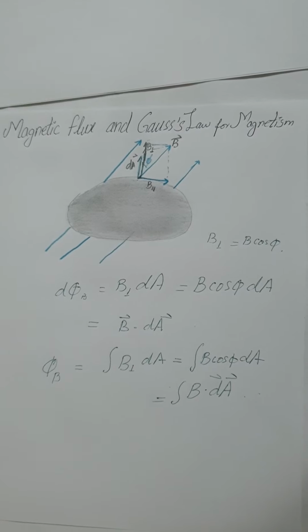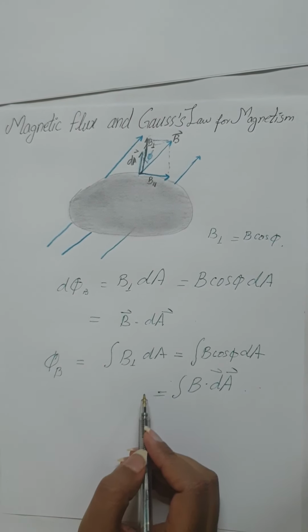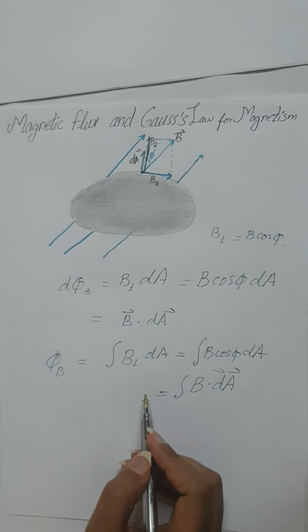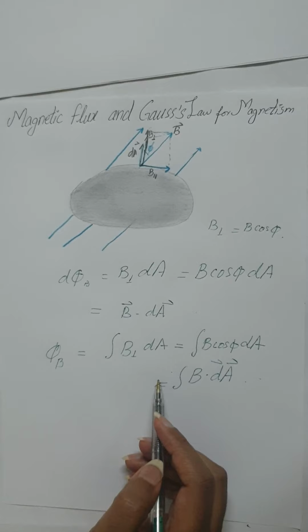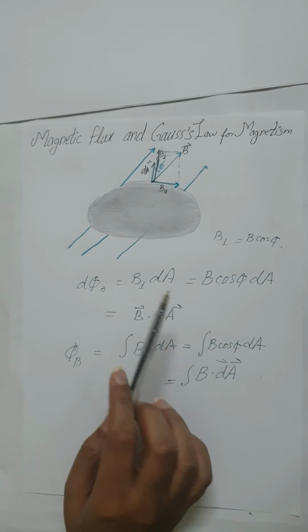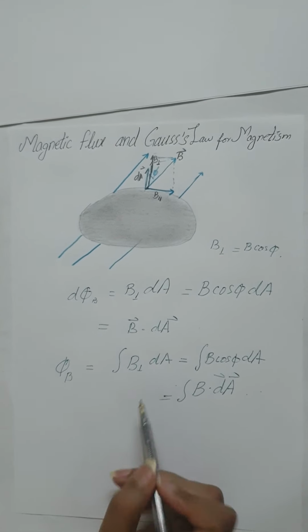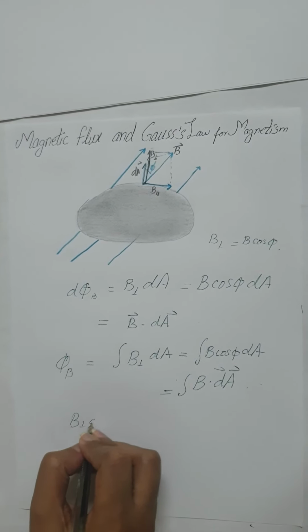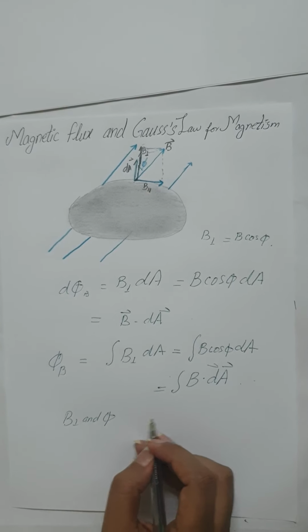Magnetic flux is a scalar quantity, and in a special case in which B is uniform over a plane surface with total area A, B perpendicular and phi are the same at all points on the surface.